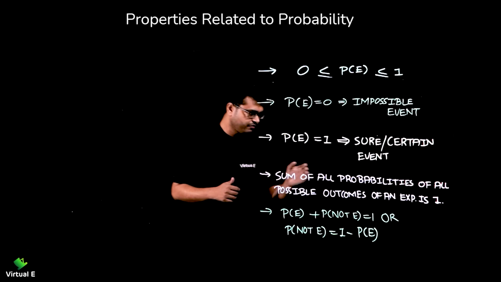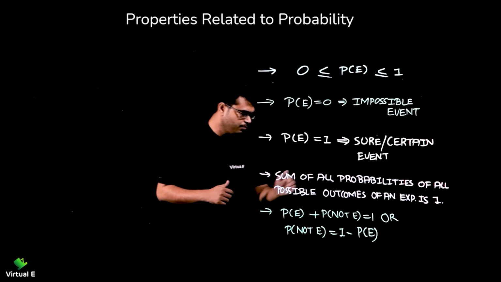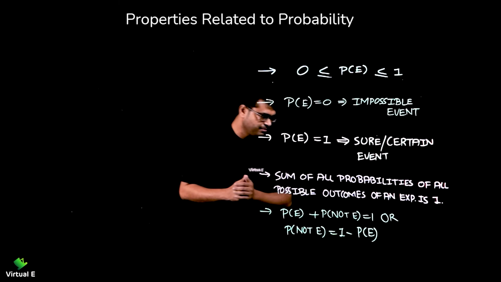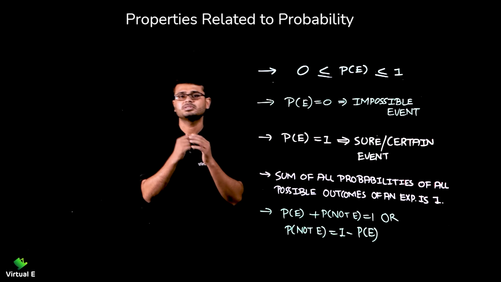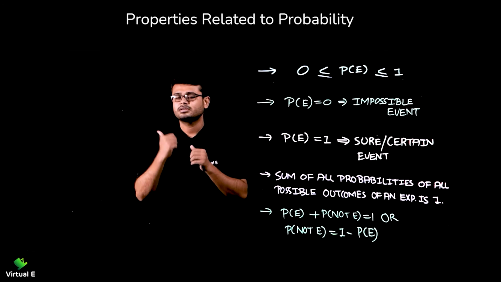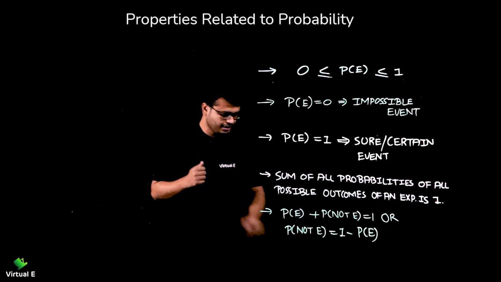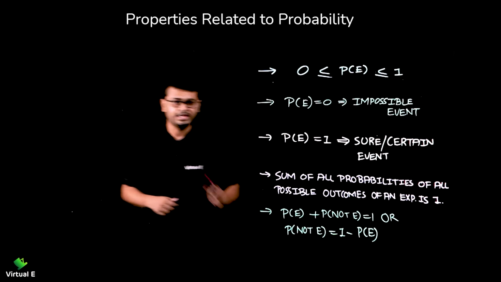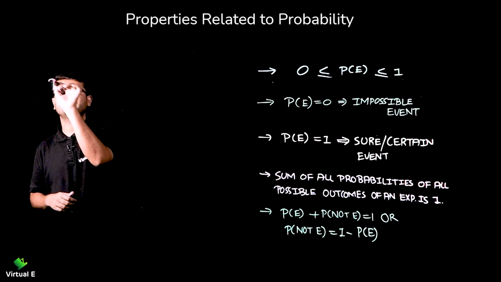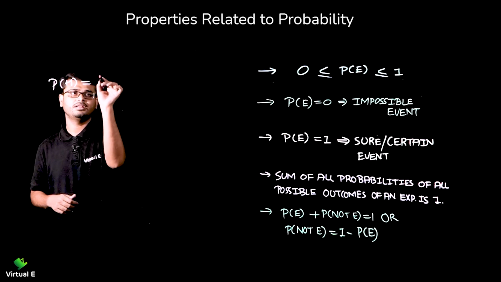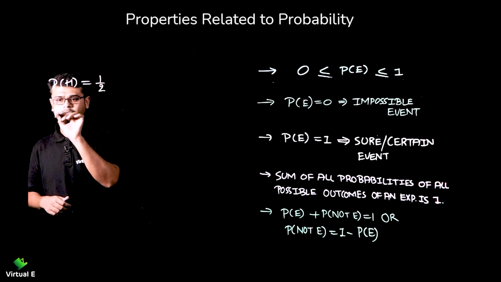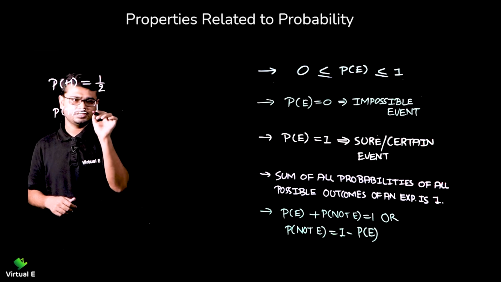Next, the sum of all probabilities of all possible outcomes of an experiment is 1. Suppose you take head and tail, tossing a coin, right? Probability of head we know very well, that's 1 by 2. Probability of tail is 1 by 2.